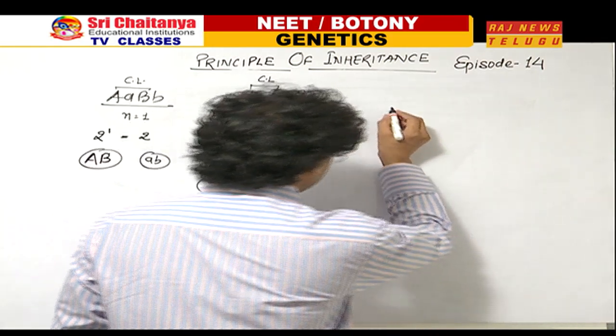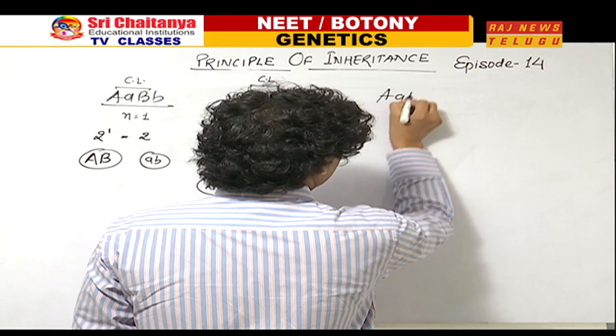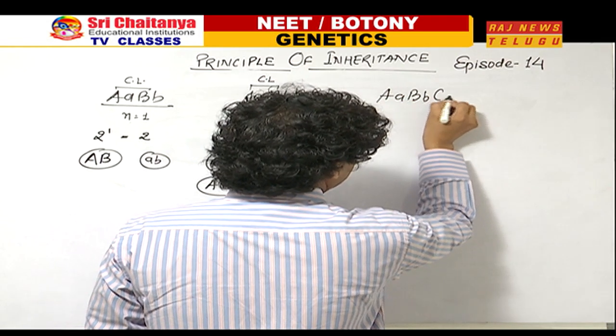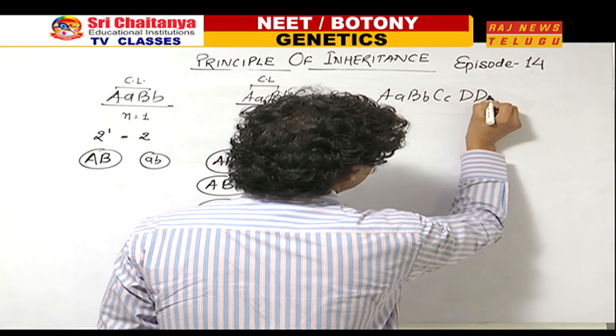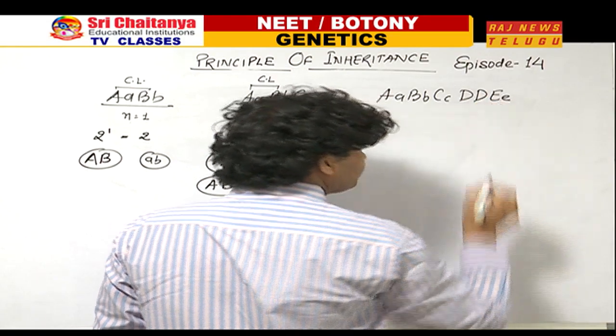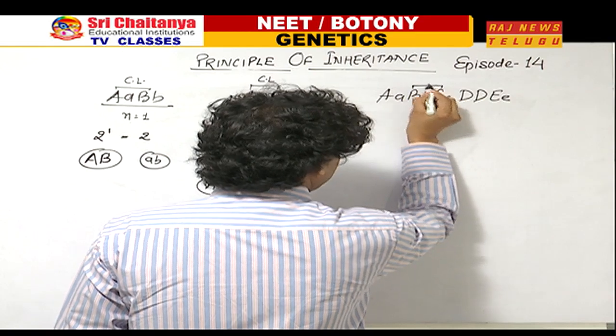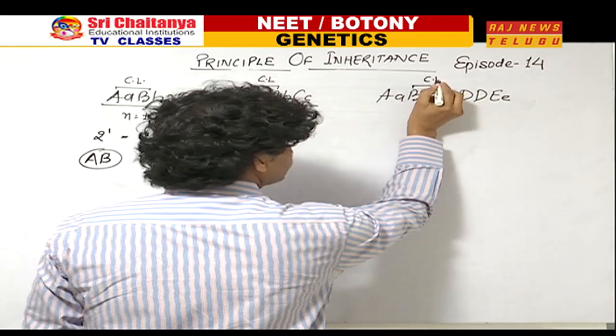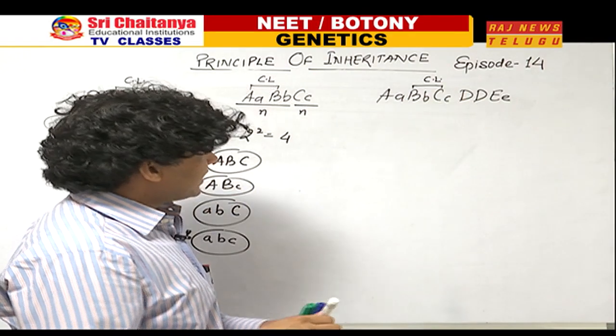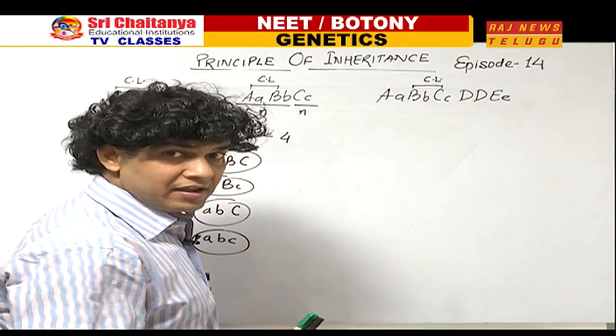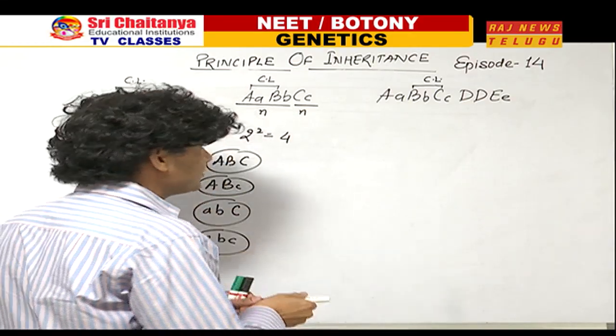One more example we can take here. Capital A small a, capital B small b, capital C small c, capital D, capital E small e. Here suppose genes B and C are showing complete linkage. Now in this case, what is the value of N? I already told you N means heterozygotes.